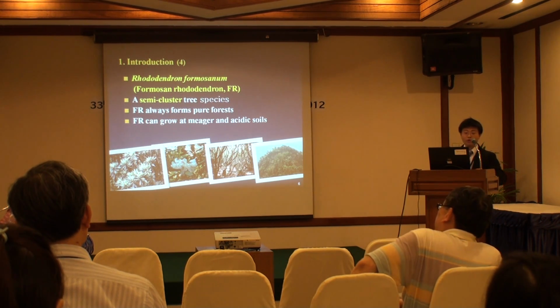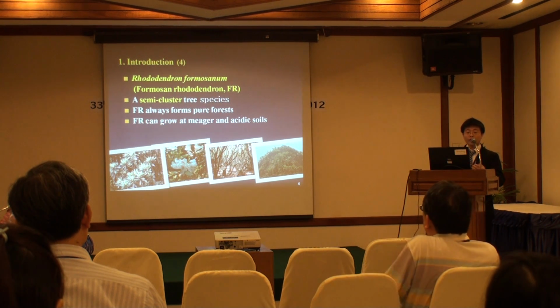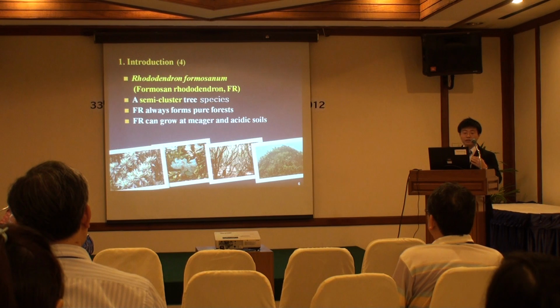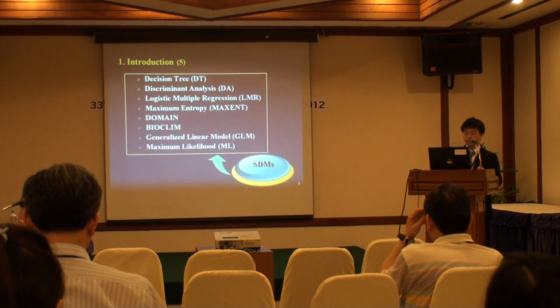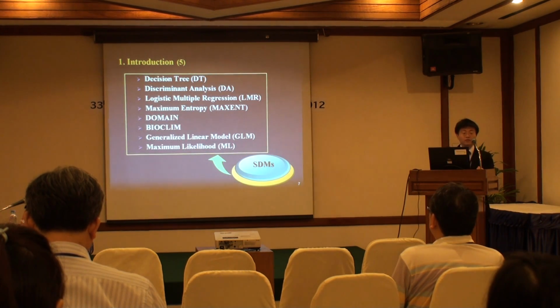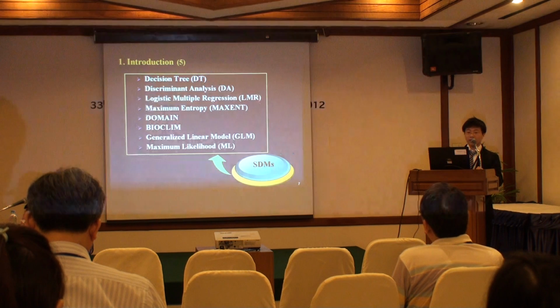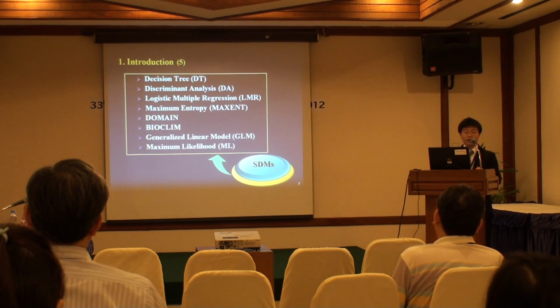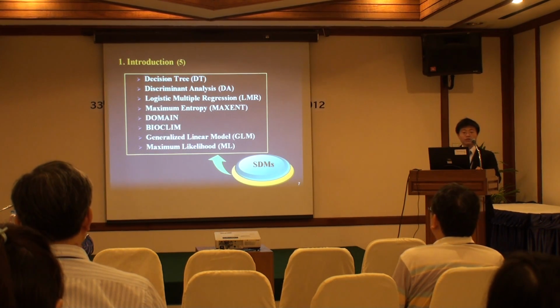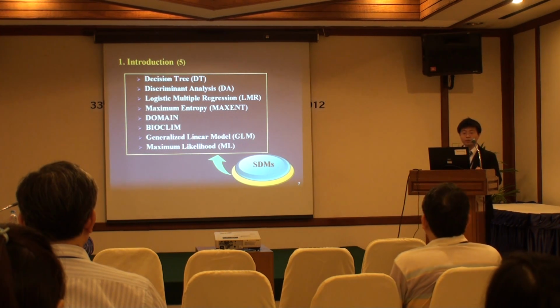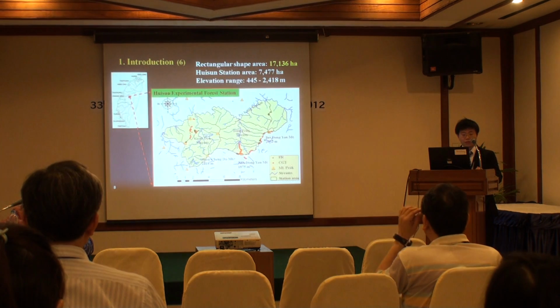That species always forms pure forest and has a specialized lifestyle, growing in mildew and acidic soil environments. In this study, we use 8 model algorithms: envelope, decision tree, discriminant analysis, logistic multiple regression, maximum entropy, domain, bioclim, general linear model, and maximum likelihood, to predict the potential distribution of the two species.